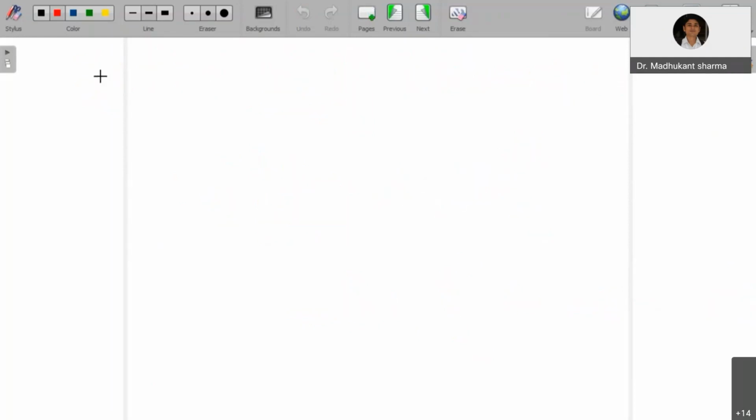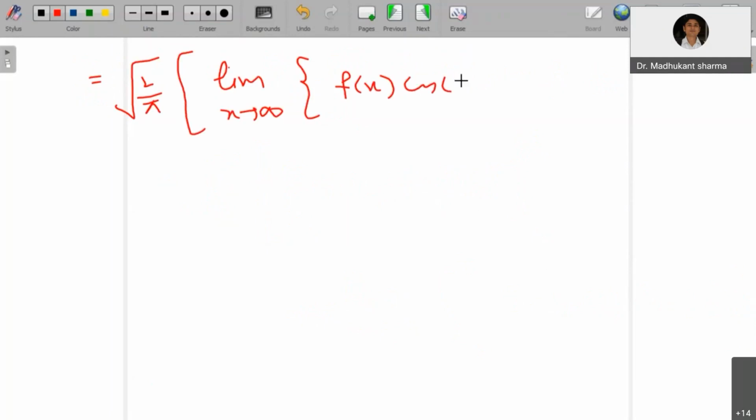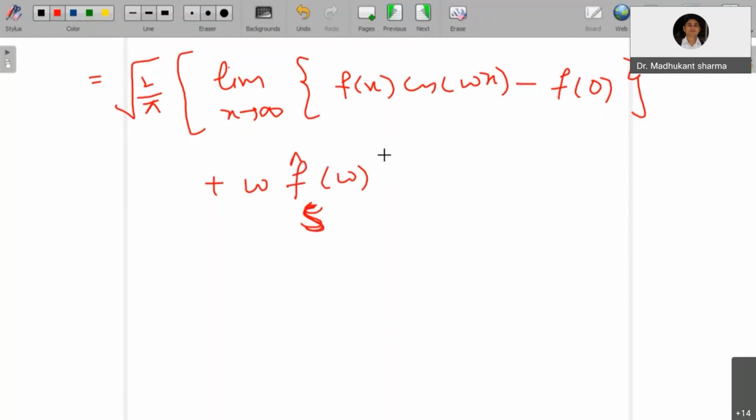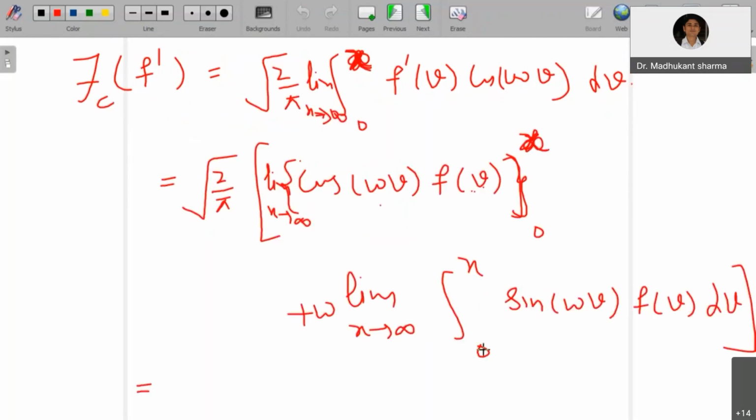You may see square root of 2 by pi, limit x tends to infinity, f of x times cos of wx, minus f at 0, plus w times the Fourier sine transform of f. This is what the Fourier sine transform of f is.